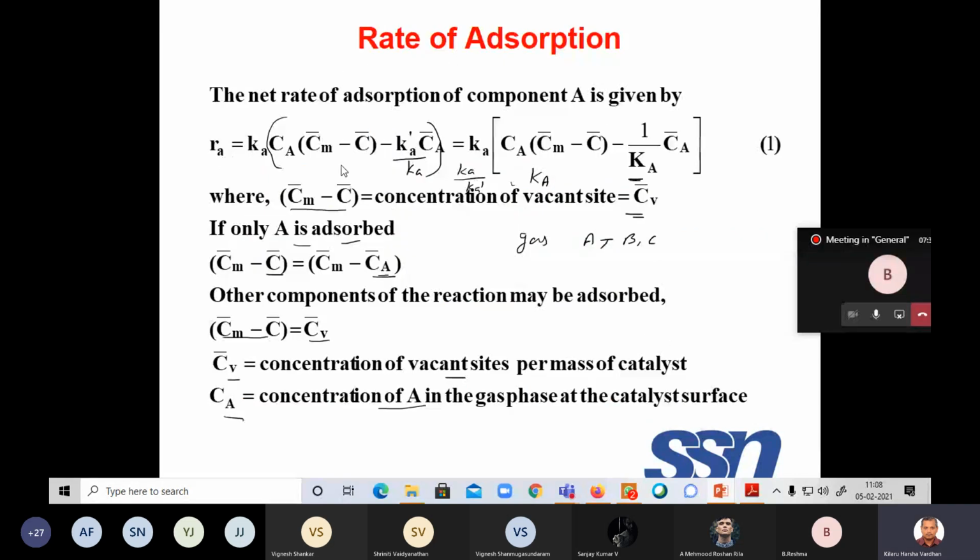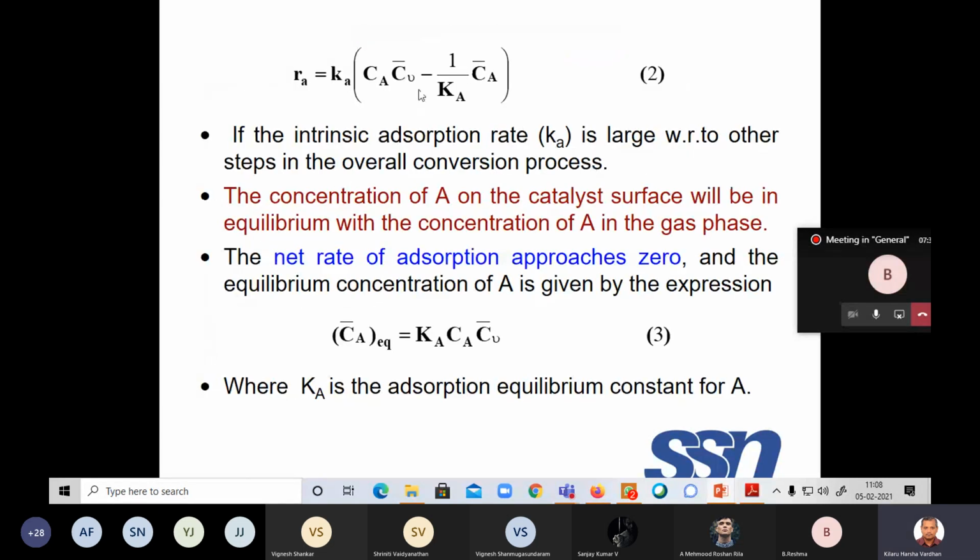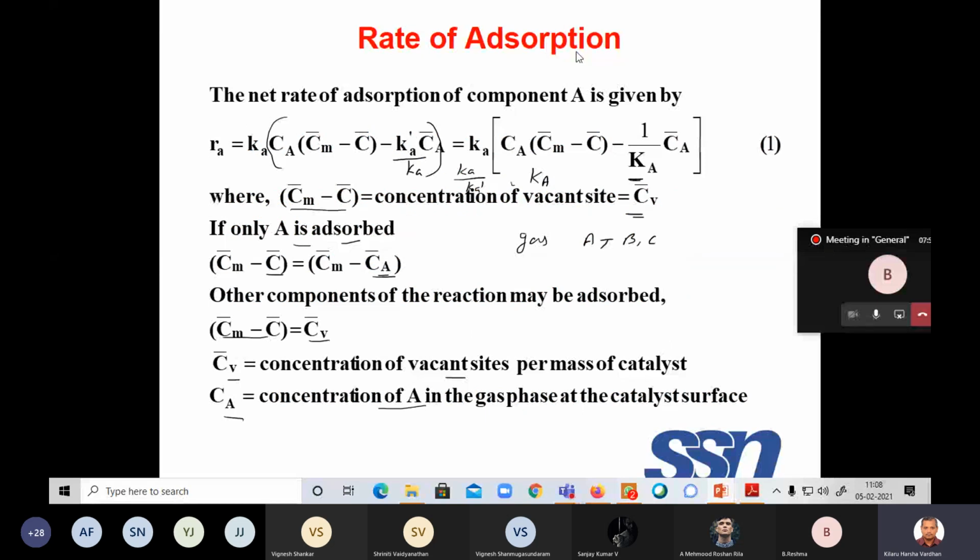So Ra is Ka, Ca into Cv minus 1 by capital Ka, Ca star, right? So this Ka is the intrinsic adsorption rate, which is large with respect to the other steps in the overall conversion process. Here you are using it for the rate of adsorption only.